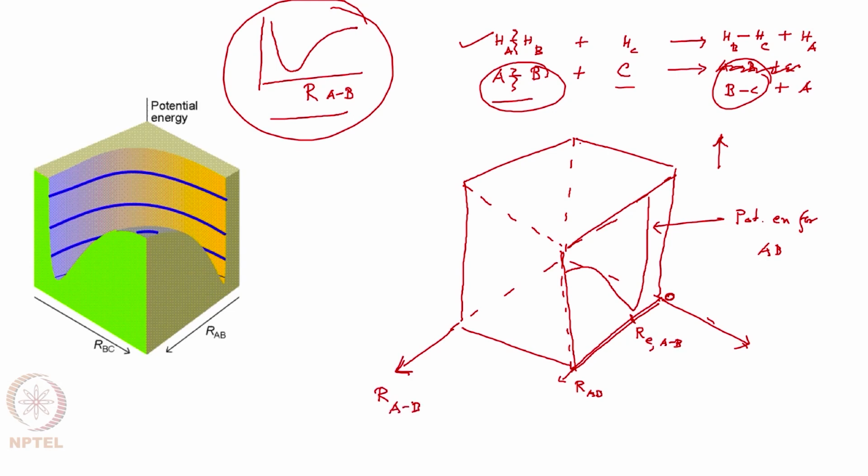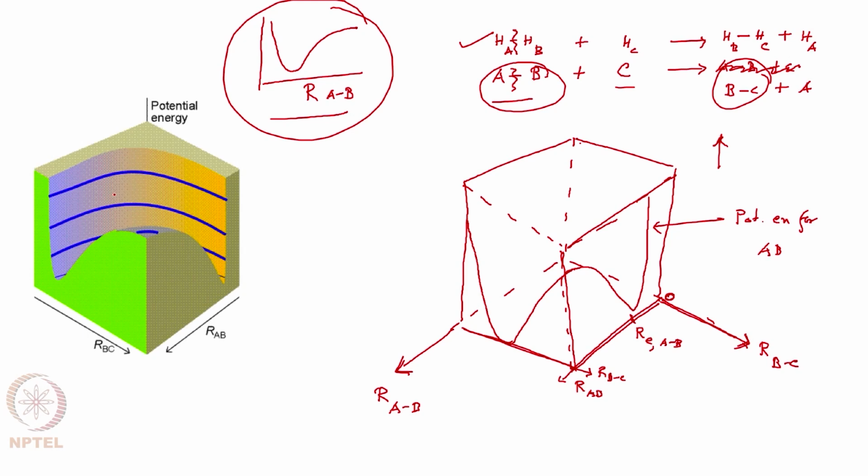Similarly, on the other axis, I can plot the other potential energy surface, which is the BC one. Suppose the BC also has a similar potential energy, something like this. Along this direction I'm plotting RBC, so the parallel to this is this, and this basically shows you the BC bond vibrations. Then you can ask how the potential energy looks when I am in between.